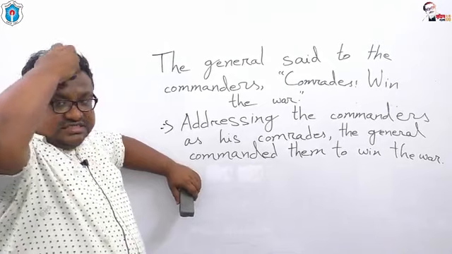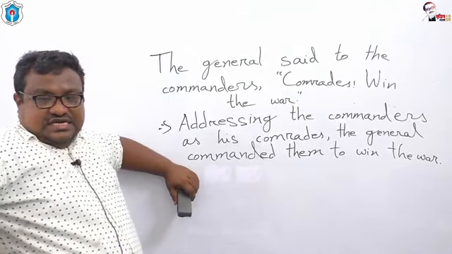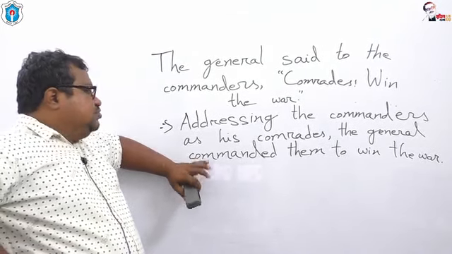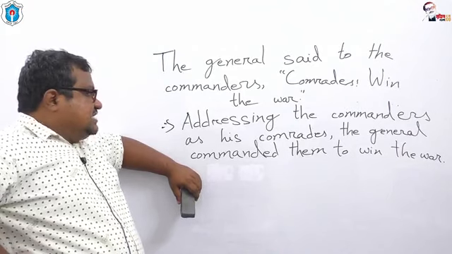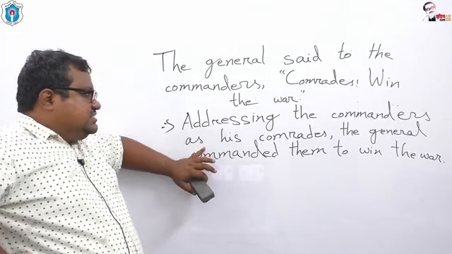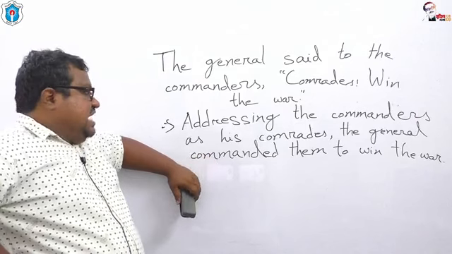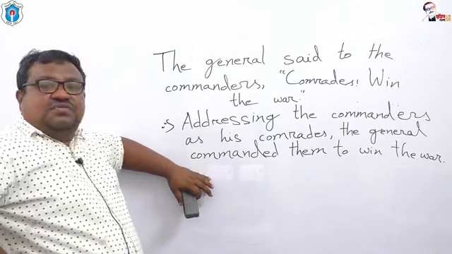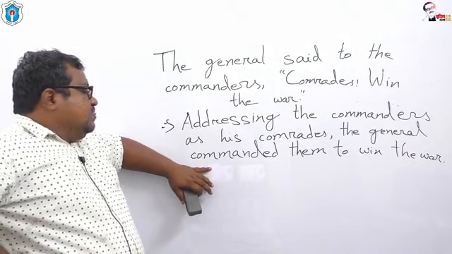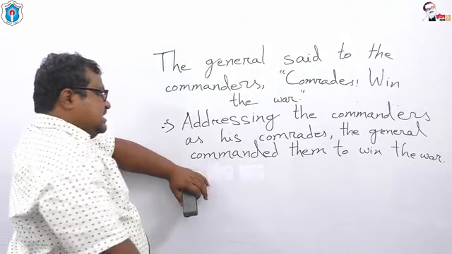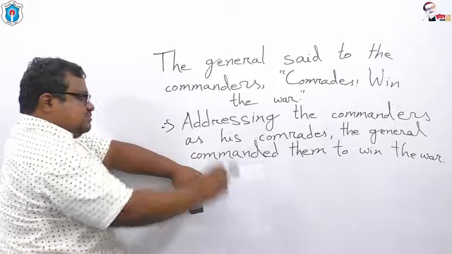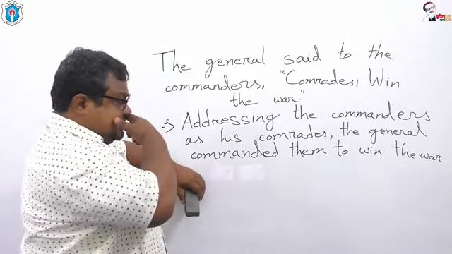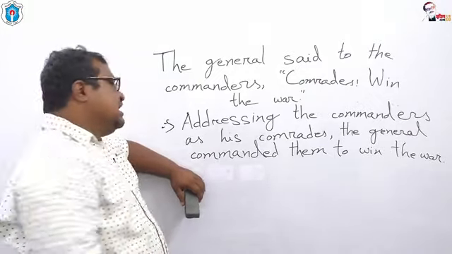Addressing the commanders as his comrades, the general commanded them to win the war. So here, the general is actually addressing the commanders as his comrades, and he is commanding them to win the war. So the address, the comrades, is here, we are using this part, addressing the commanders as his comrades.